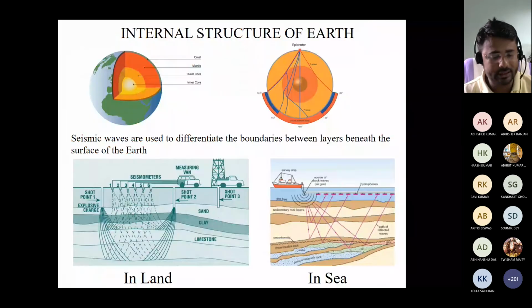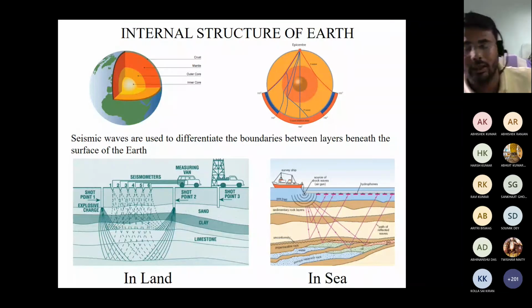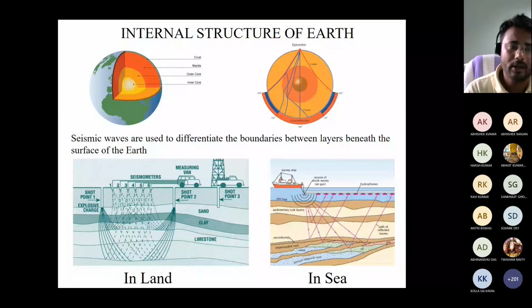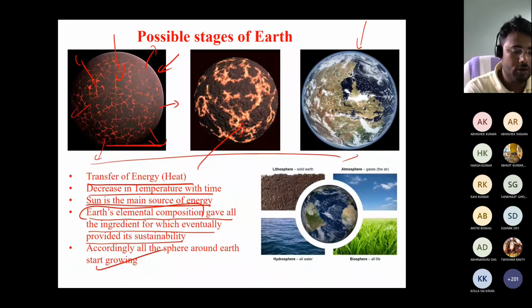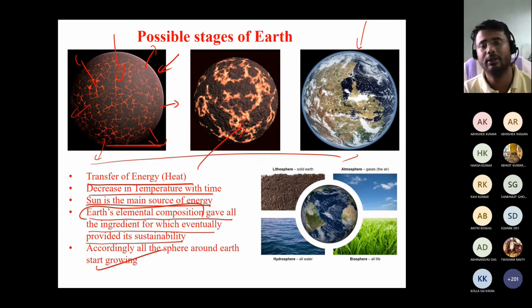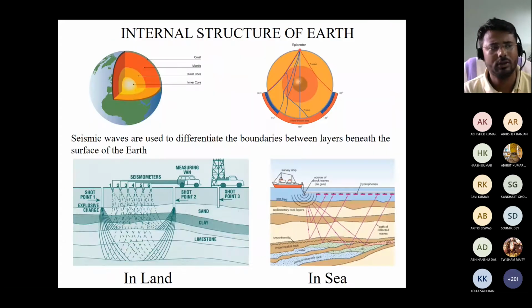So this internal structure of the Earth is produced due to all the possible stages of the Earth. Okay. So from day one itself, there was no such crust or mantle or core. These were eventual product of transfer of heat. Okay. This is the internal structure of the Earth.